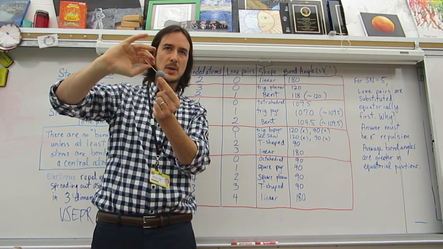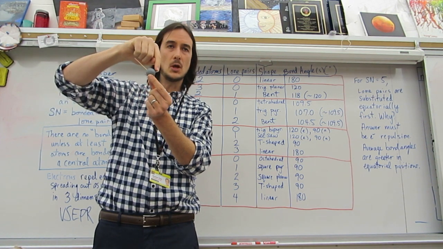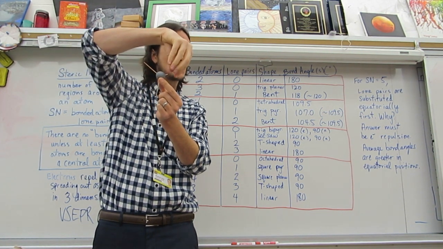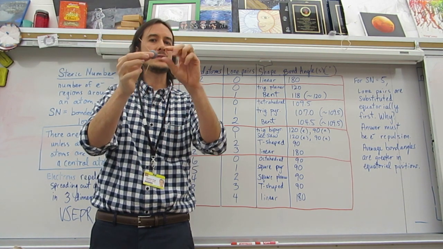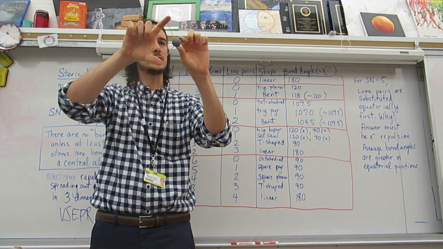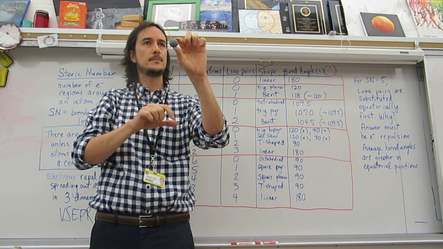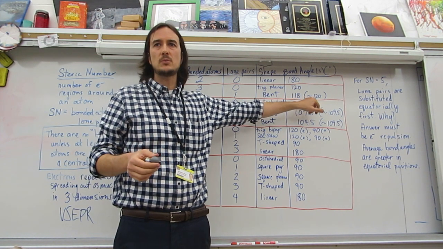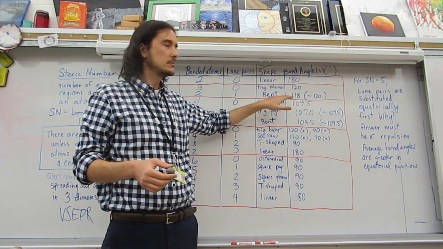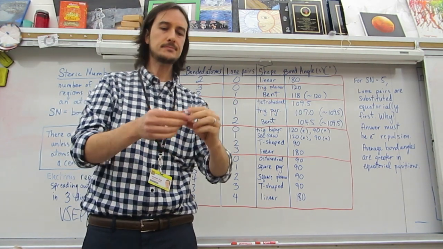These electrons, this pair of shared electrons, can spread out. This lone pair of electrons is more here, right? So the electron density is greater. That means this is going to cause more repulsion, and we're going to end up pinching these together just a little bit. So I wrote up here 118. If you said 120, you'd be okay. But maybe 118 is more accurate.